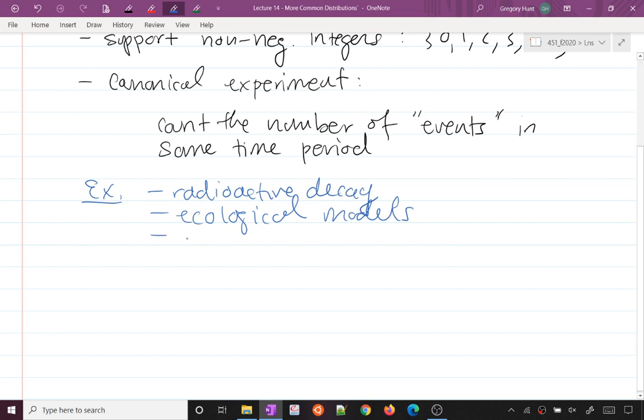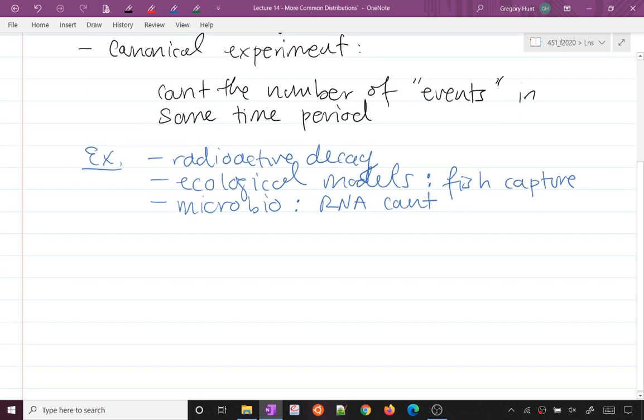It's used in, let's say, microbiology and biological models, for example, RNA count. I'm going to count how many pieces of a particular type of RNA I have in a sample, and that's often modeled using a Poisson distribution.